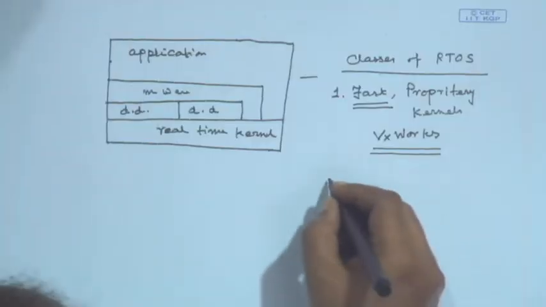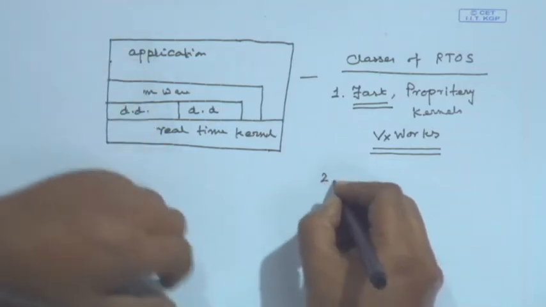They have been designed specifically for a particular application, tuning it so that it is fast for that, and that is a proprietary kernel. But it has been found that it has not been tested for all the situations. Therefore, the predictability still remains an issue in this case. The second category is the RT extension to standard OSes.